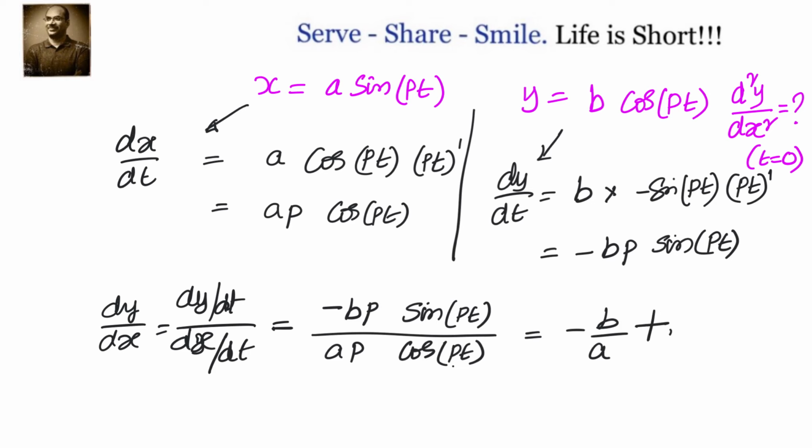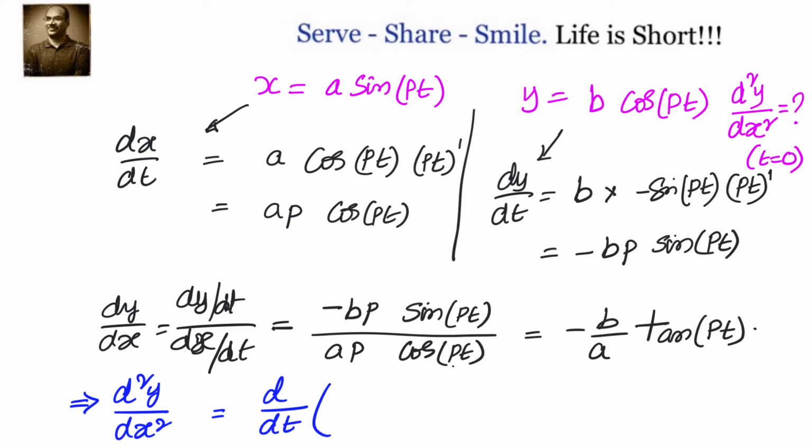Now this is where we have to understand what d square y by dx square is. d square y by dx square is d by dx of dy by dx, that is nothing but d by dt of dy by dx into dt by dx. Now this video was made only for this d square y by dx square.